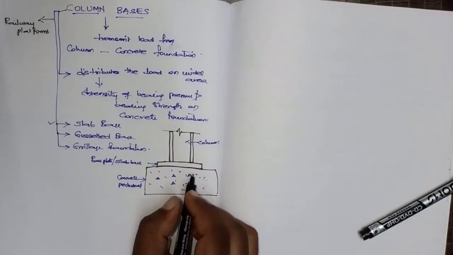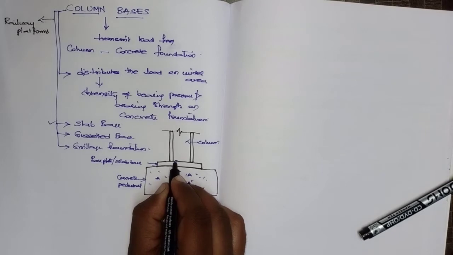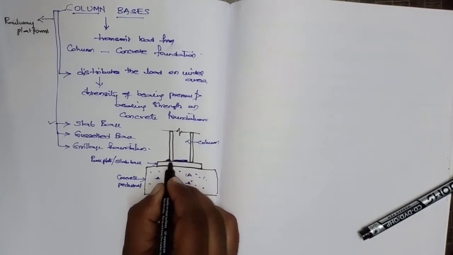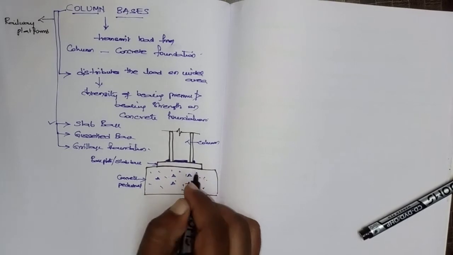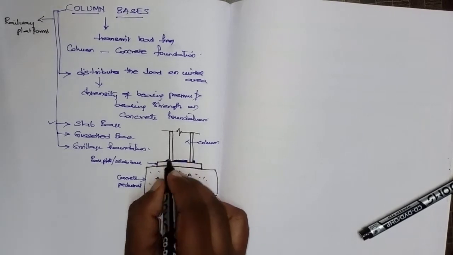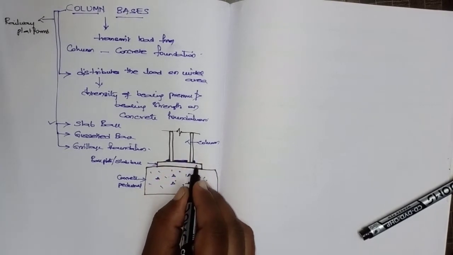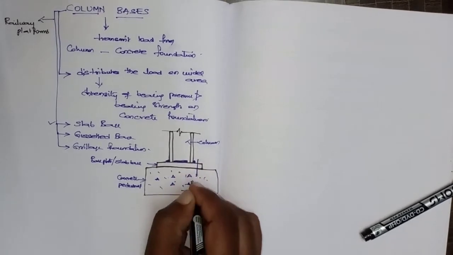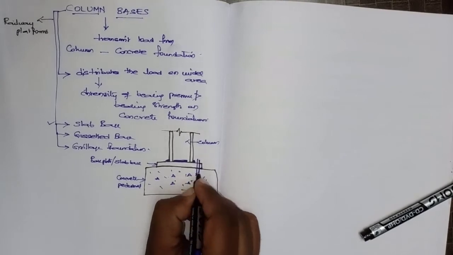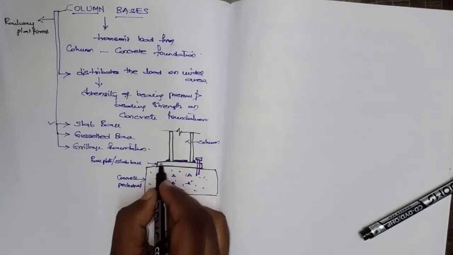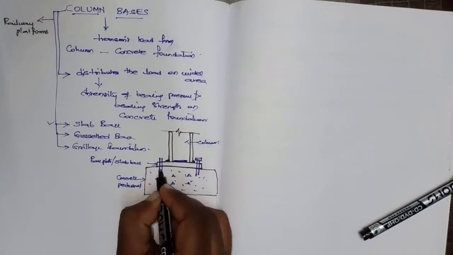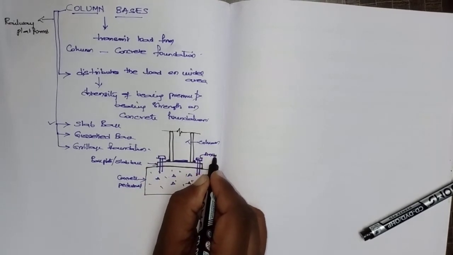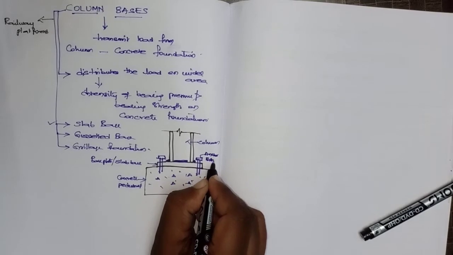And how are they placed? They will be welding here, here. Now to this base plate, column is attached. Well, how is this base plate attached to this concrete pedestal? By anchor bolts. These are nothing but called anchor bolts.